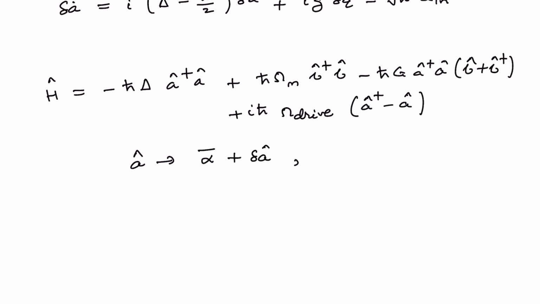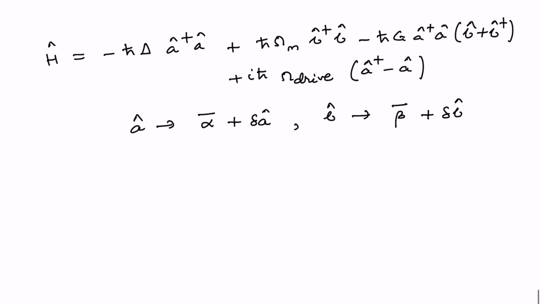By now you have understood why I am doing that. And b you can replace by the steady state value, say β̄ plus δb, that is the fluctuation around the steady state value.